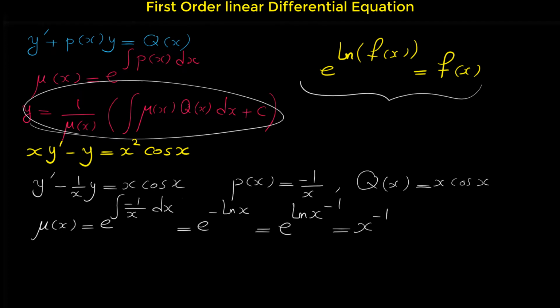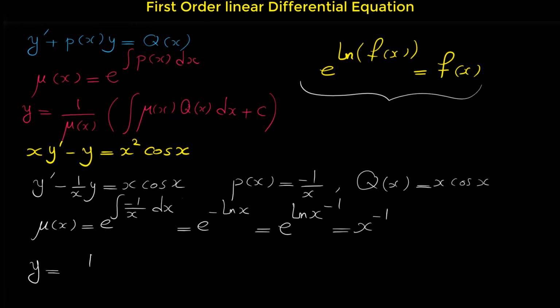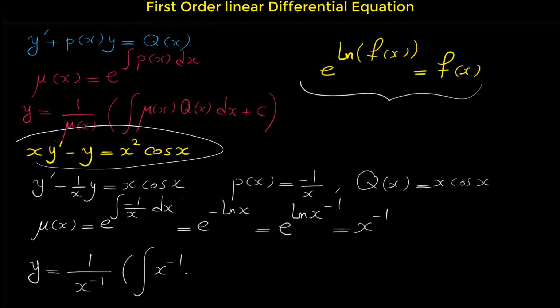Now we can use this formula for finding y. Y equals 1 over mu of x, or integrating factor, which is x to the negative 1. So 1 over x to the negative 1 times the integral of mu of x, which is x to the negative 1, times q of x. Note that you have to use this as q of x, not this function in the original equation, because the original equation is not in the standard form.